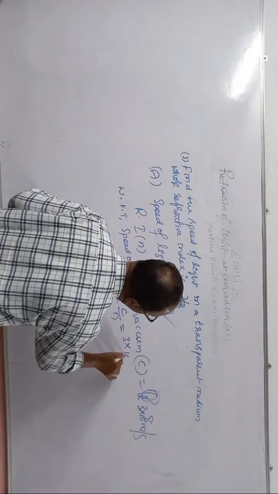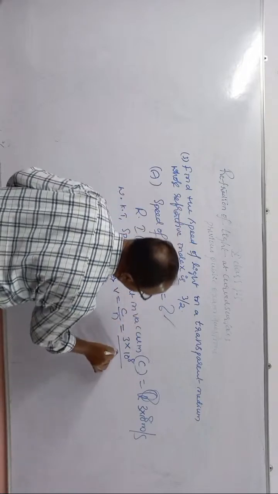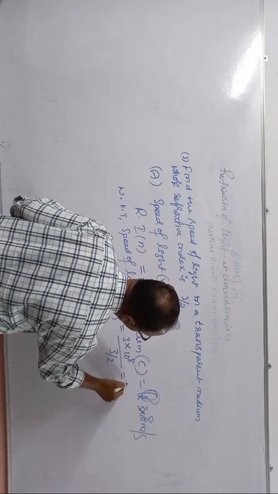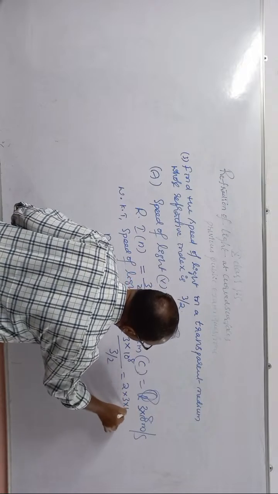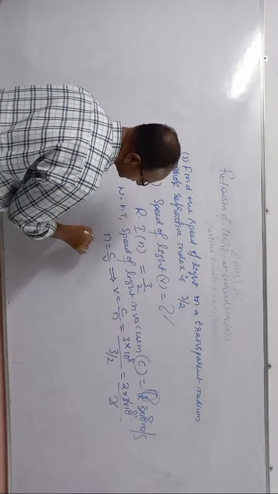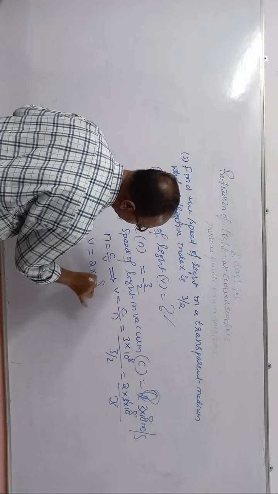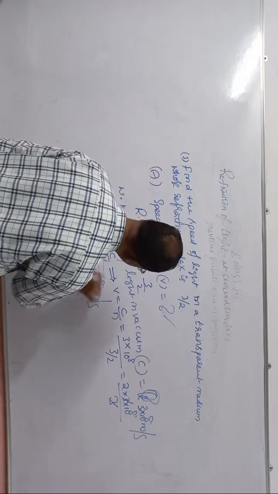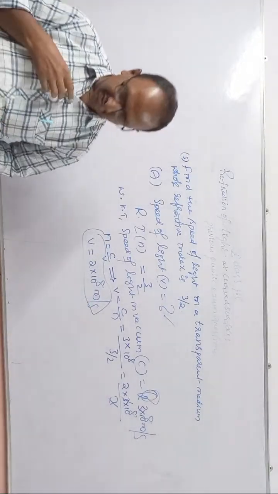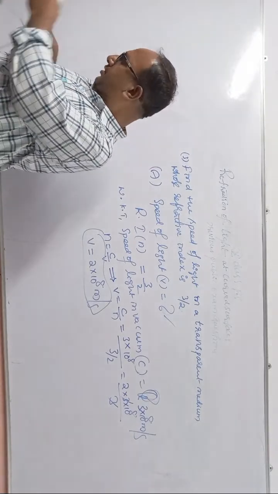So 3 into 10 power 8 by n value, which is given as 3/2. By simplification it will be 2 into 3 into 10 power 8 by 3. 3 will be cancelled. So speed of light in the given medium is 2 into 10 power 8 meters per second. So this is the answer for this question which came in 2016, students. So note cheyandi.